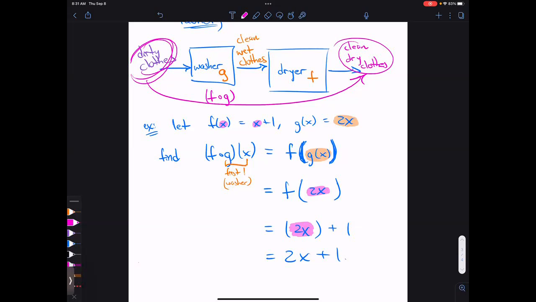Well, the next spot, right? All you're doing now is 25 into plus 1.